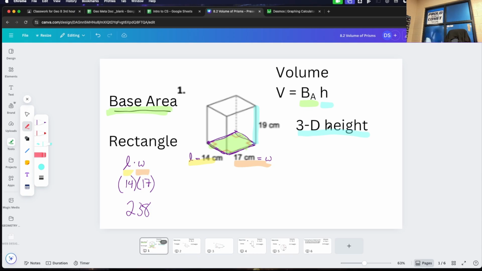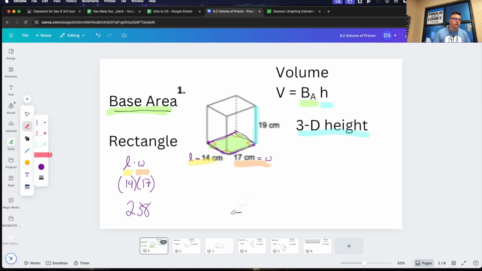So that's why they put the right angles in the corner, to make sure that you understand that if I were to look at it in a 2D space, this is the shape I would be looking at. One of these would be 14, the other would be 17. That's our base shape.